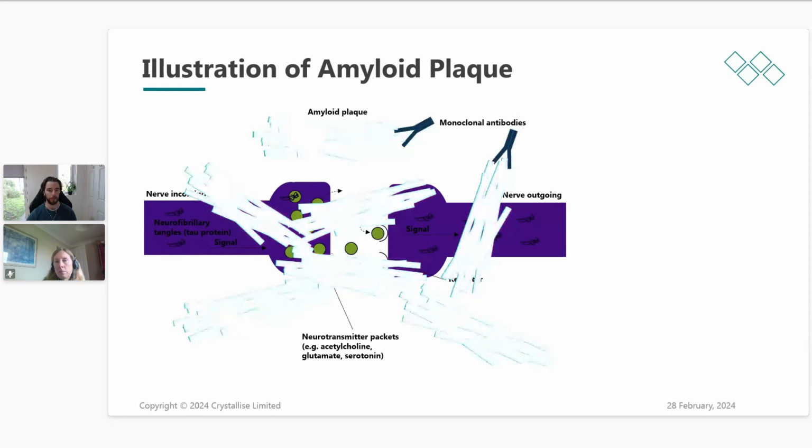As a result, the amyloid plaques disappear. For lecanemab, this takes around 18 months, so a very long time, especially for an individual with Alzheimer's disease.